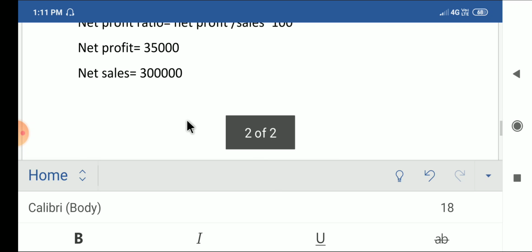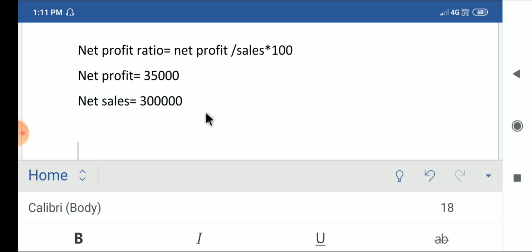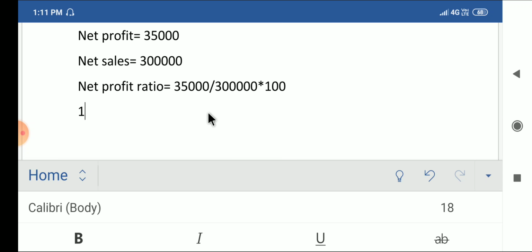Now we use the formula of net profit ratio: net profit ratio is equal to net profit 35,000 divided by 3 lakh into 100. Answer of net profit ratio is 12%.